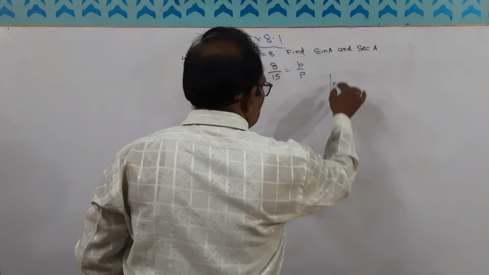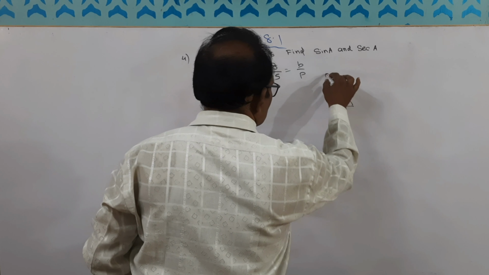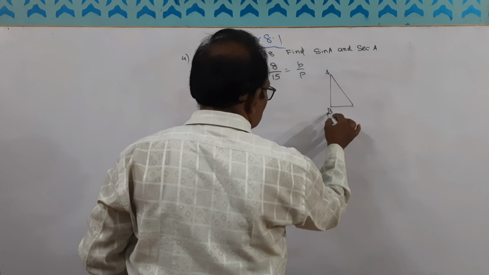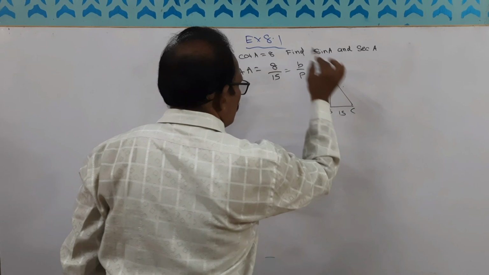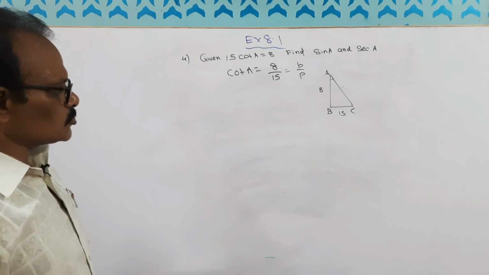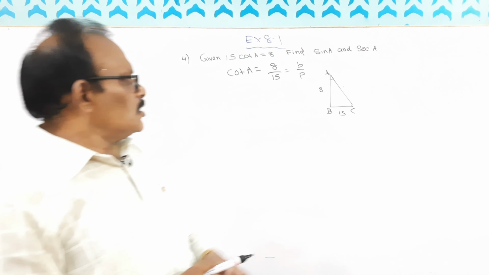Now for our convenience we can draw a figure. This is A, this is B, this is C. So we are talking of this A, cot A. If it is A, obviously this side is base and this side is perpendicular. So the perpendicular is 15 and the base is 8. We require the hypotenuse. The square of the hypotenuse is the sum of the squares of these two legs.